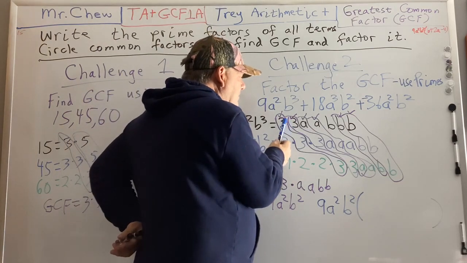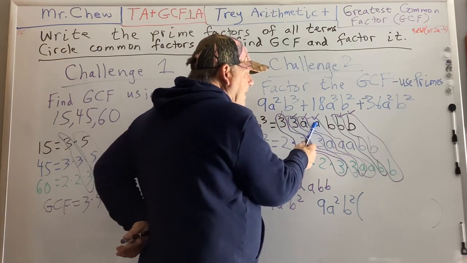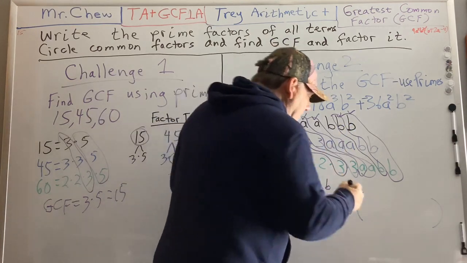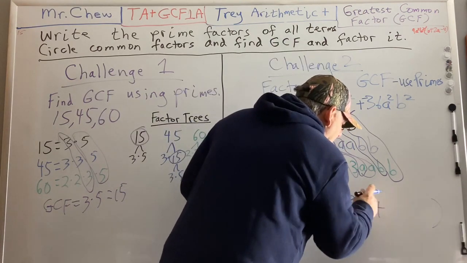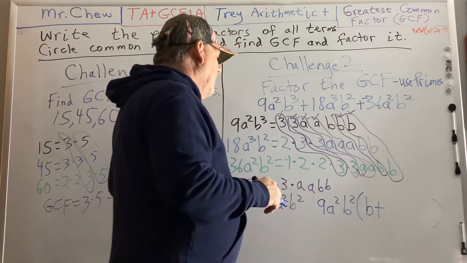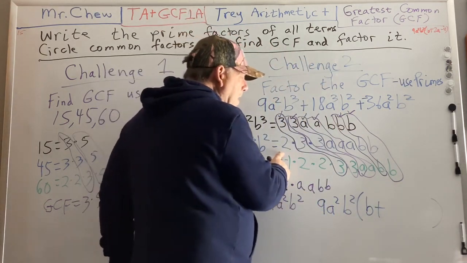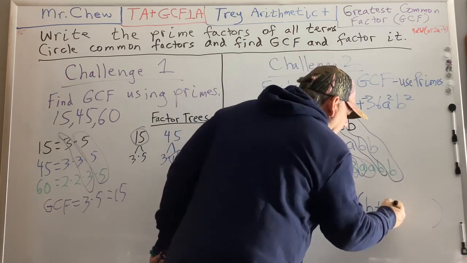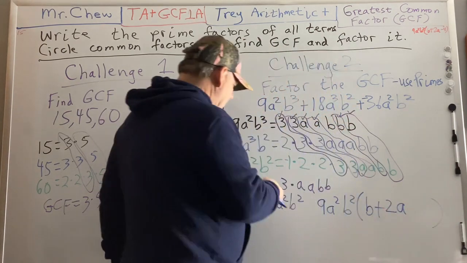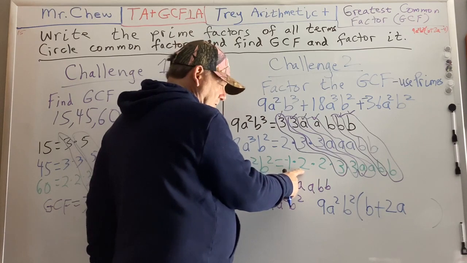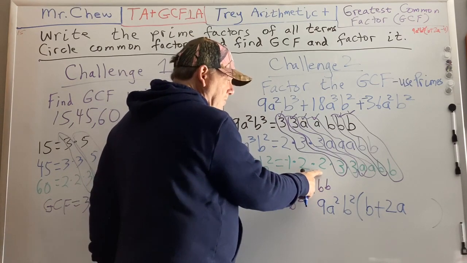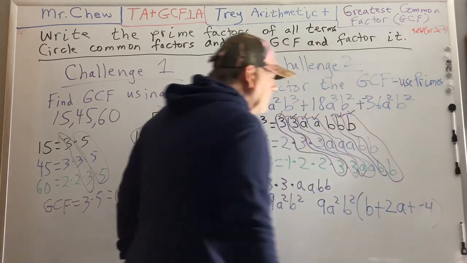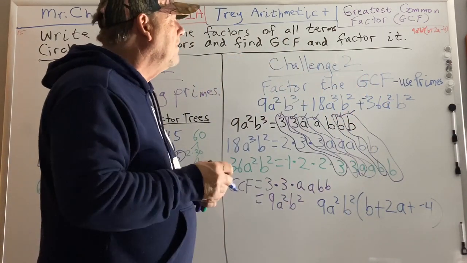Well, that's 3 circled, A circled, A circled. B is not. B is. So that's just a B. I've got 2. Everything's circled except that A. So it's 2A. I've got a negative 1 times 2, which is negative 2 times 2, which is 4. And you could write that as minus 4.